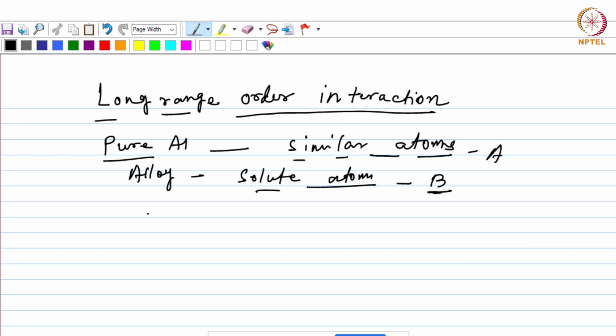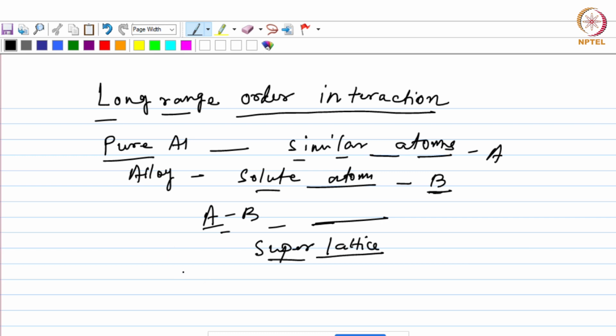And if it happens across long range, that means A will have B as the neighbor across the lattice through a long range, then this can lead to an ordered solid solution, which is also known as a superlattice.